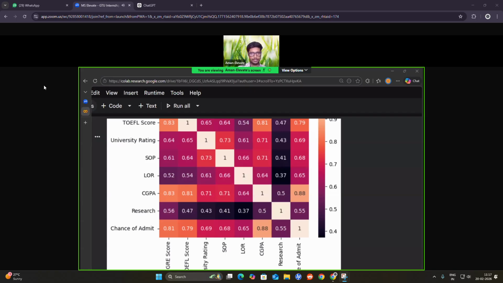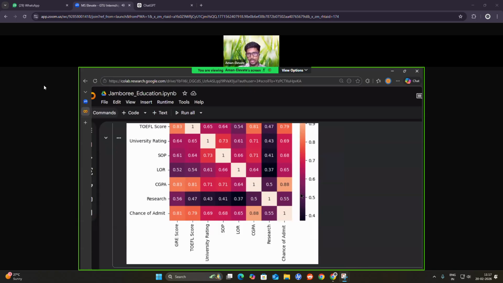So now, are covariance and correlation the same? No, not exactly. When you look at it superficially, they seem the same, because covariance is also the spread of one feature, how it impacts the spread of the other feature.